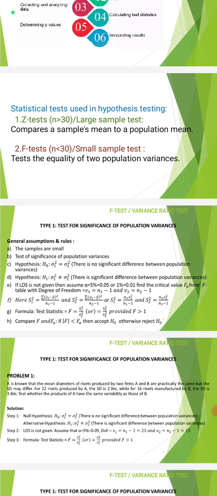In the F-test formula, S1 square divided by S2 square or S2 square by S1 square, the numerator is always the largest value. If S1 square is the largest, use S1 square as the numerator. If S2 square is large, use S2 square as the numerator.